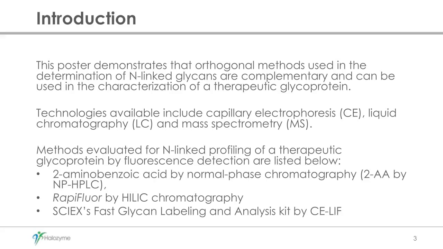Just keep in mind that our 2AA method is a legacy method, and it has been improved, and you can make it a little faster, but this is the current method that we perform. So it is very labor intensive. It could potentially be a little less labor intensive, but it's still quite a bit.